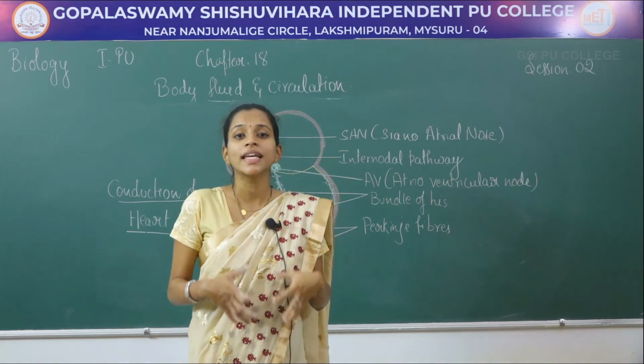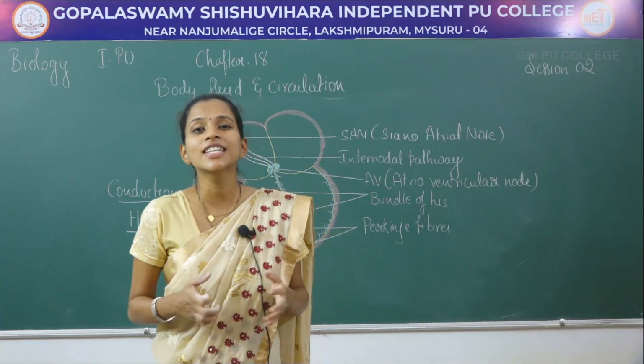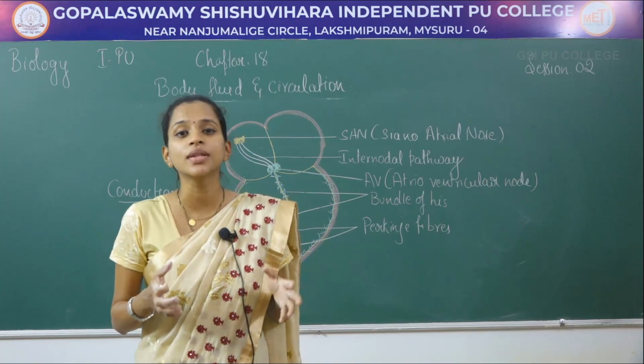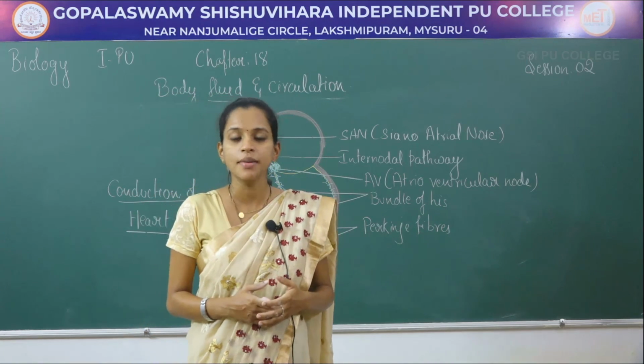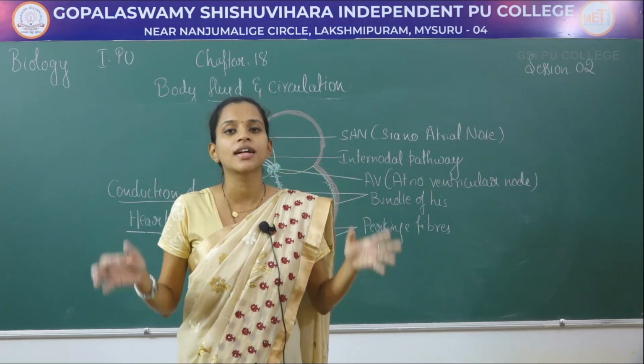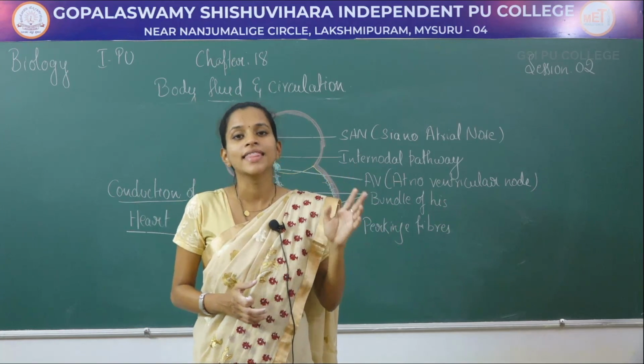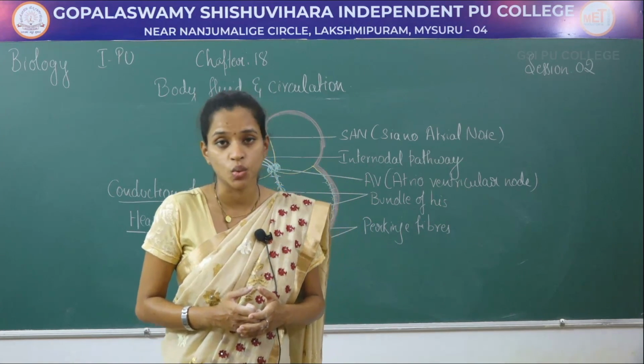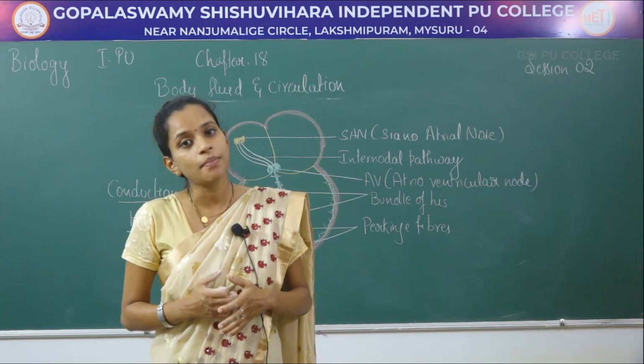Now, the initiation takes place when the auricles are filled with oxygenated and deoxygenated blood. The signals are fully transferred into the auricular walls and then passed on to the AV node through the internodal pathway.